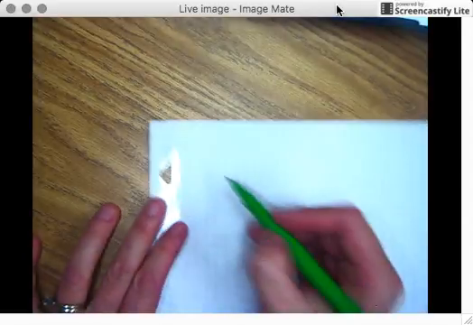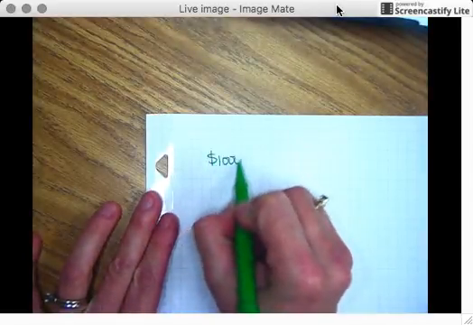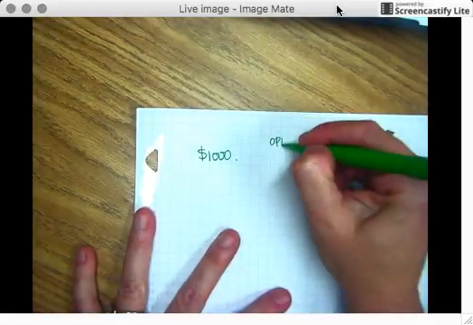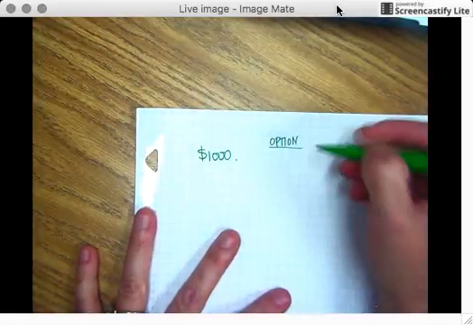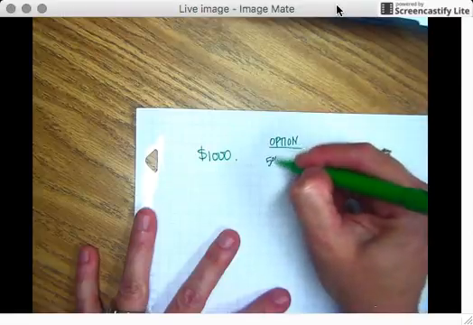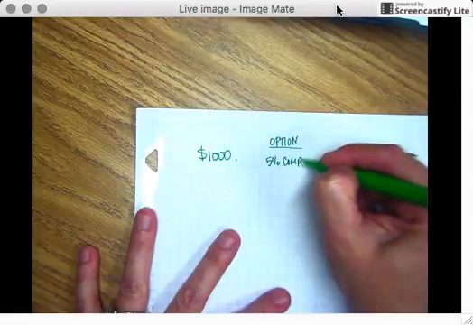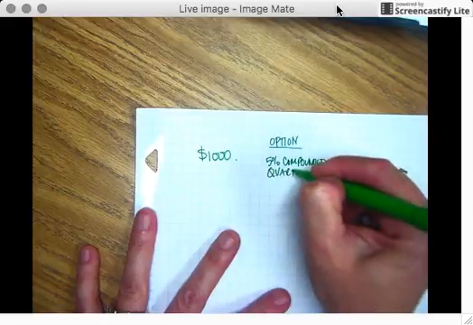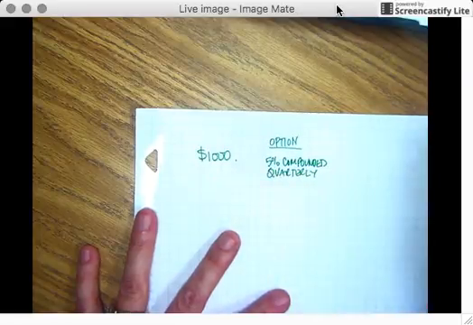The problem is, suppose you have $1,000 that you want to invest. And there's two different options. So let me write what your options are as far as investing. One of them would be 5% compounded quarterly. In other words, 4 times a year.